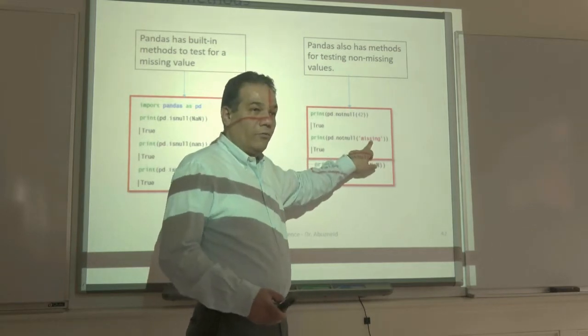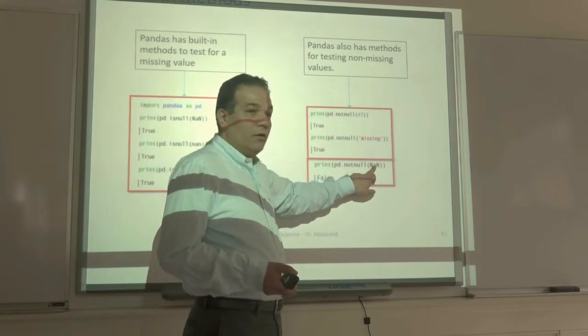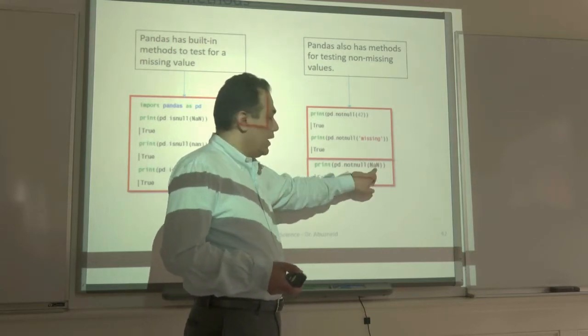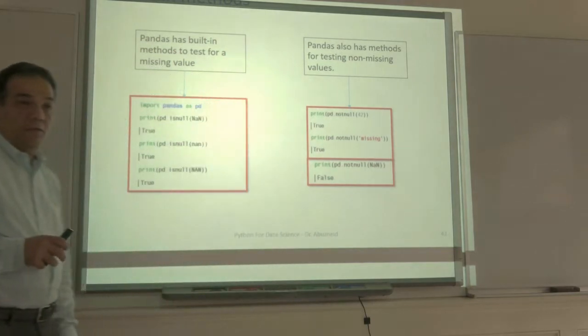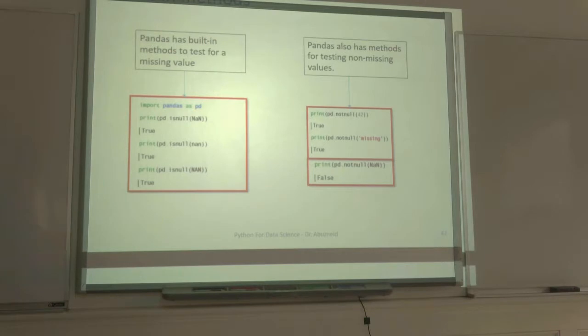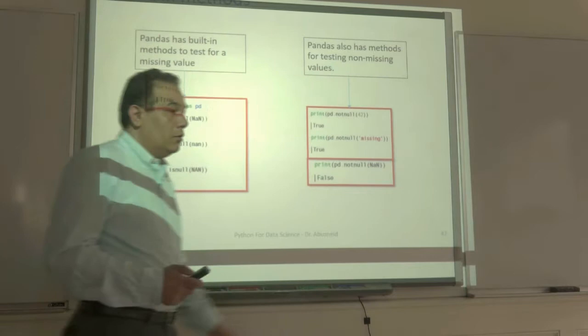Missing is not null, right? It's a string. Not null NaN? False, because NaN is null. So there are two methods provided for you, and those are the only two methods you have to use to check for missing values. What are they? is null and not null.